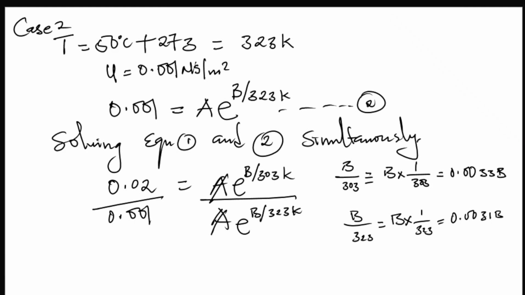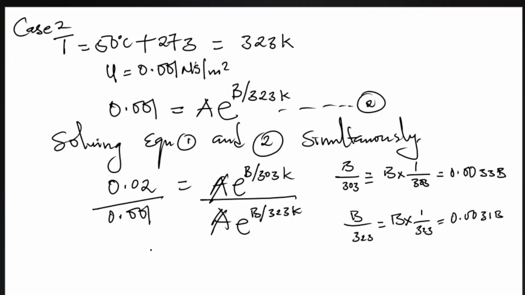Since you've gotten the values for both powers, what you do is you impute them into your given equation. Imputing them into your given equation, what we have here will be 0.2 divided by 0.1, and that will give you 20.